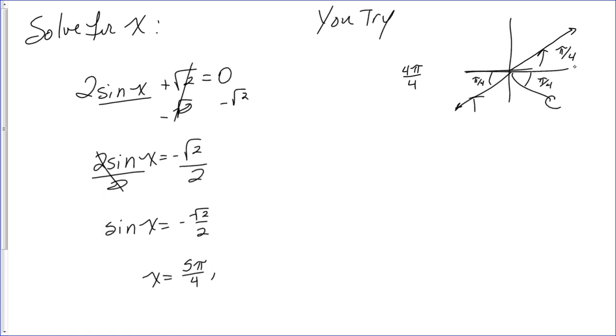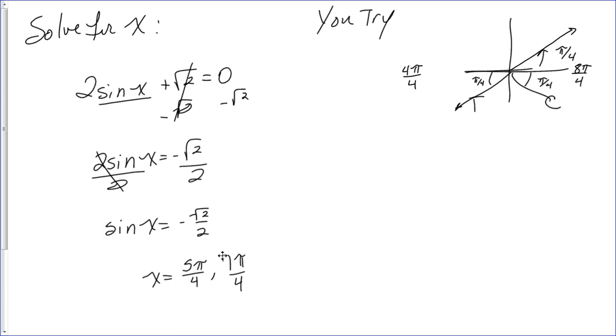And then here, all the way around is going to be 8 pi over 4. Whoops, I was thinking 2 pi, sorry about that. And we know this is 2 pi, and we're pi over 4 less than that, so our other angle is going to have to be 7 pi over 4.